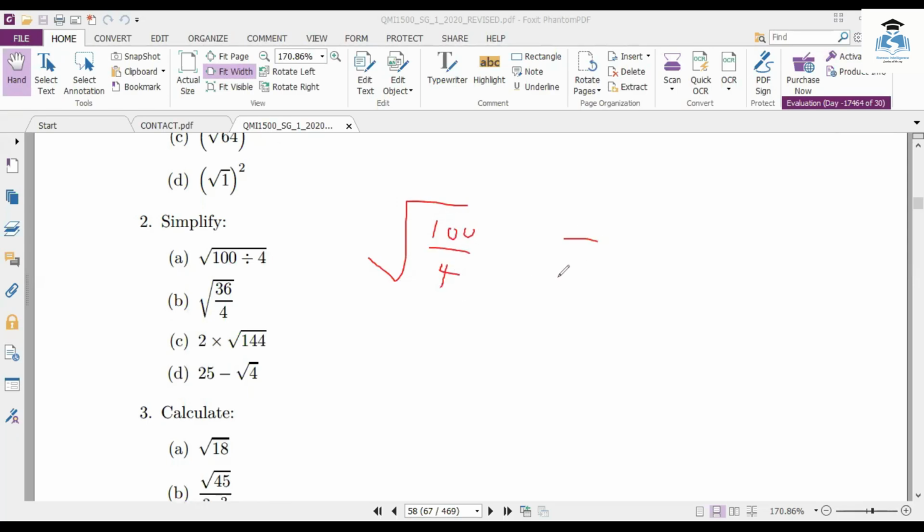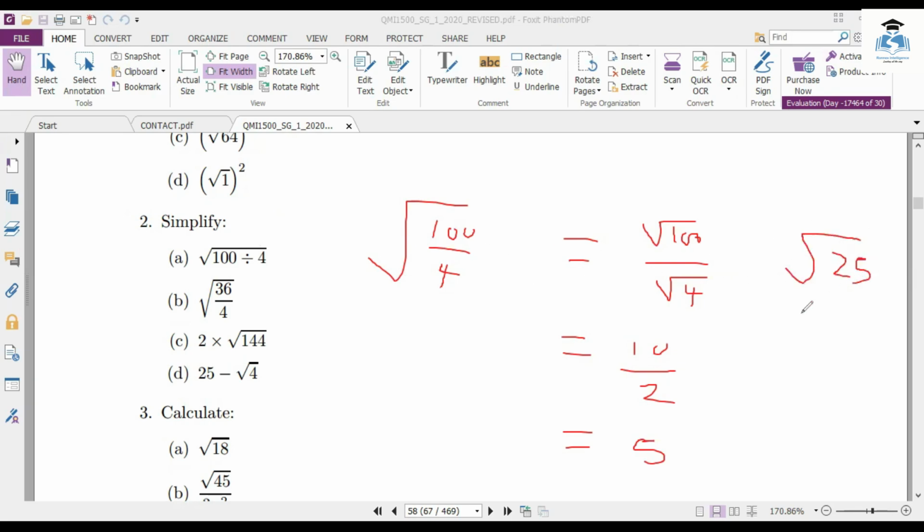But you can divide, then root 100 over root 4, which is root 100 is 10, then this one is 2. Then the answer will be 5. So even straight away, 100 divided by 4 is 25, root of 25, that's 5.